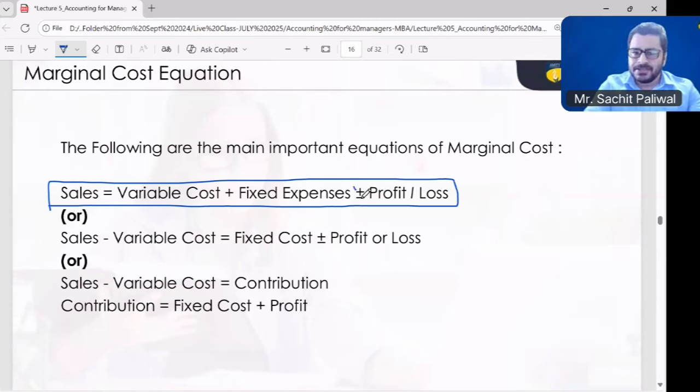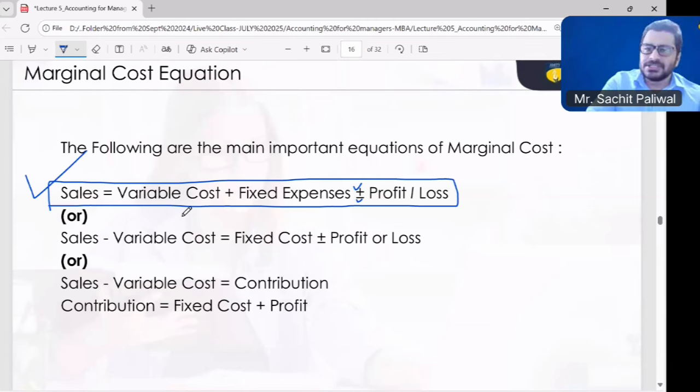If it is a loss, it will be deducted. We don't know whether the business has a profit or loss, so we have put both. As per the situation, we can keep it profit or keep it loss according to the circumstances. So this is the marginal cost equation which you have to remember.